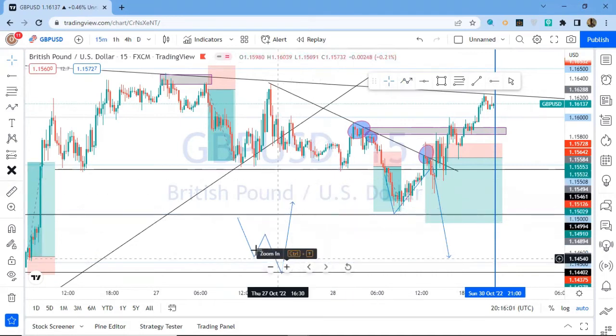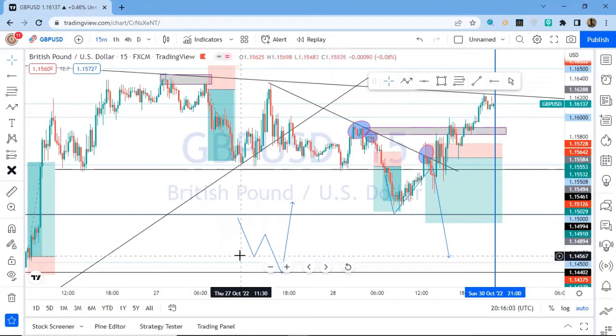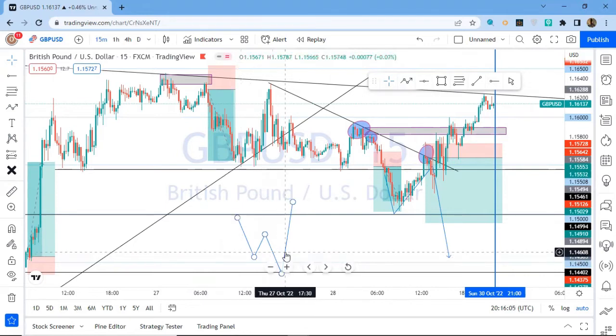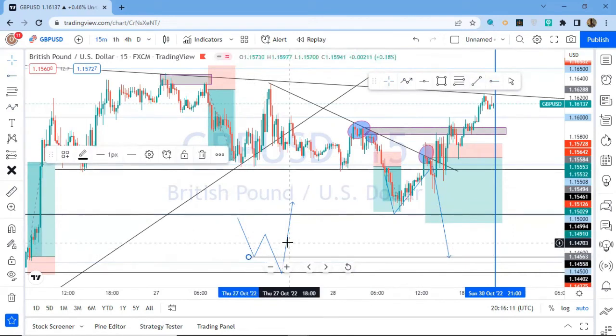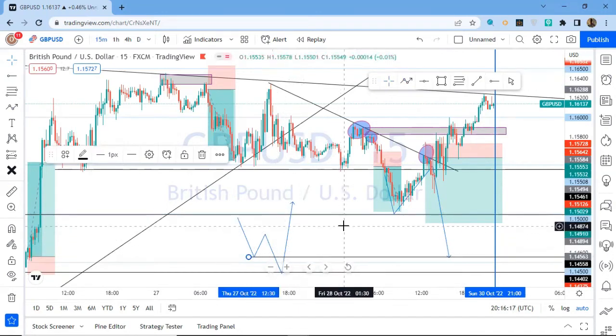An investor will call a major bank and be like, I want to buy 2 million points in GBP USD, at 1.14580.